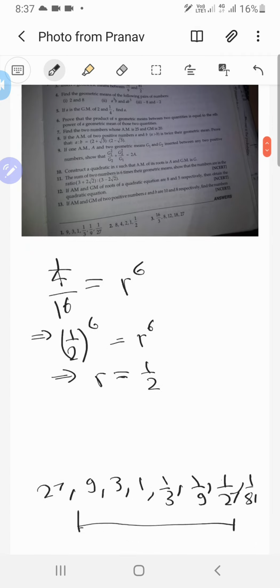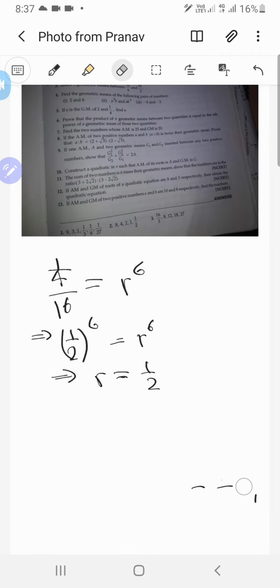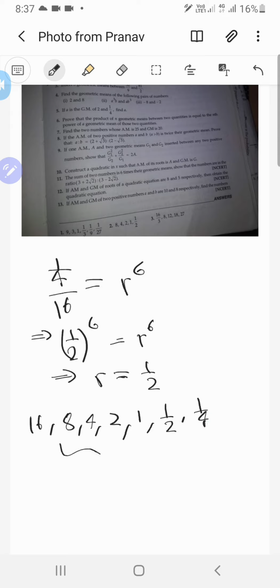Yeah, just generate the whole sequence. Your first term is 16, then it is 8, then 4, 2, 1, half, and 1 by 4. So these are 1 2 3 4 5 GMs, and yes, this is correct because we had to insert 5 GMs. So that's nice.